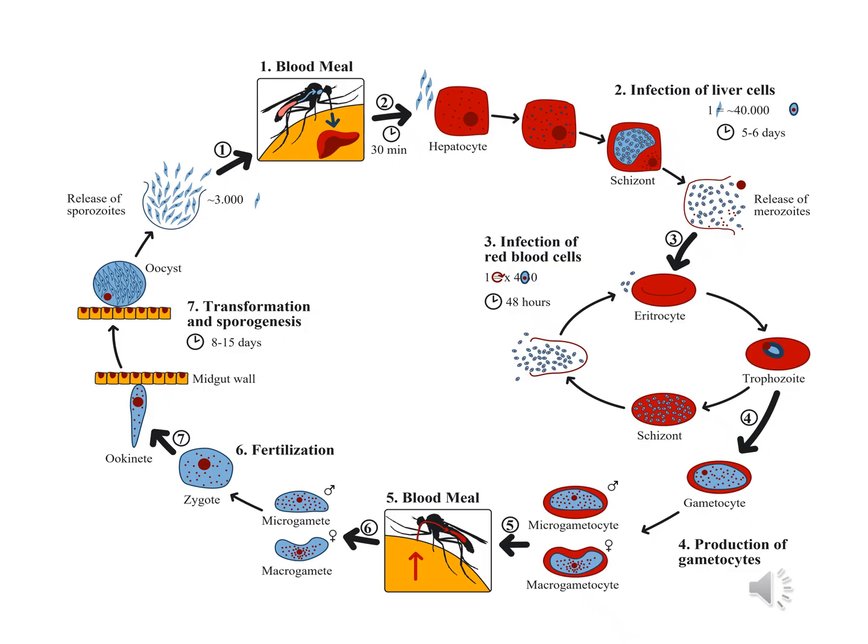Afterwards it will be converted into sporozoites, and these sporozoites will be moving to the salivary gland of the mosquito. Again, when the mosquito bites a healthy person, it transmits the parasite into a healthy person. Like this, the life cycle of Plasmodium parasite takes place.